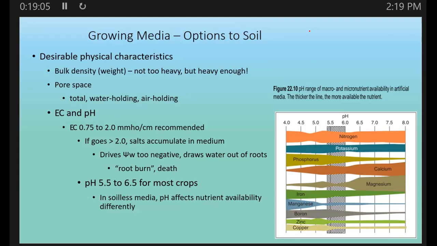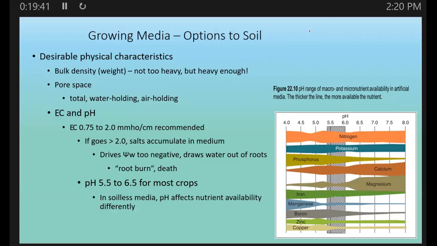So sometimes when you have to grow plants and then ship them, you will either switch out of soil or start growing your plants initially in something other than soil. You have to think about weight and density of the material. You want it heavy enough that it won't blow over if you have your pots outside during the summer growing season, but you don't want them too heavy for shipping. So it actually takes some thought.